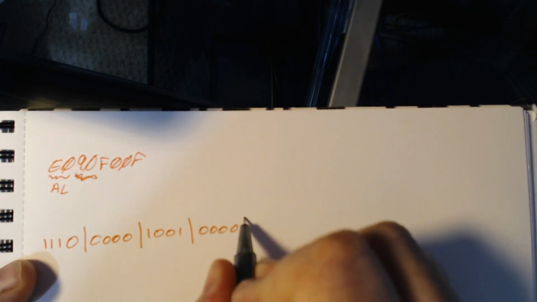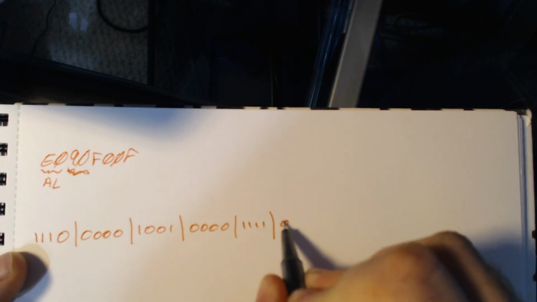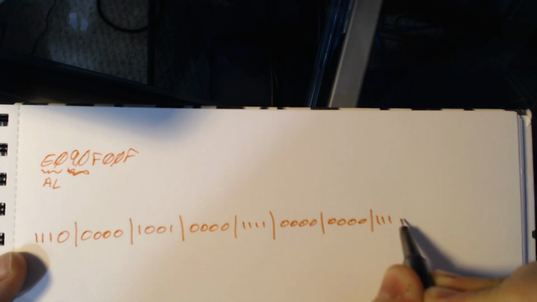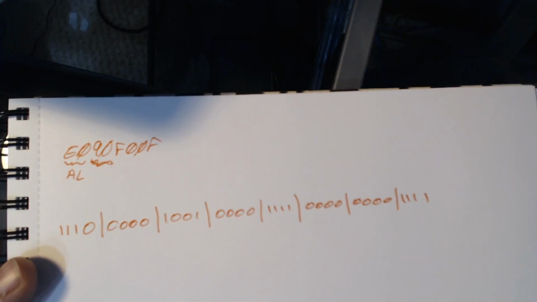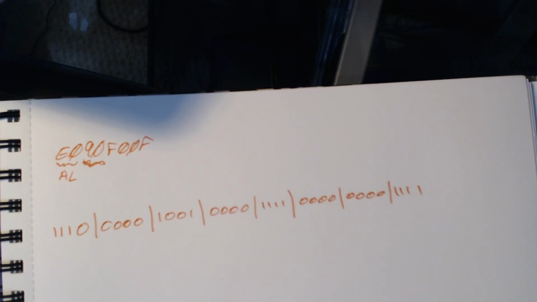I'm going to put nibble boundaries in. And 0 0 0 0. We've got 9, which is 8 plus 1. We've got 0 again. We've got F, which is 1 1 1 1. 0 0 0 0 0 0 0 0 and 1 1 1 1. Like a prisoner counting days on the wall.